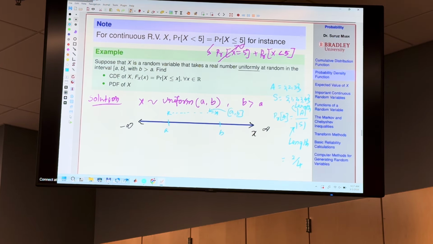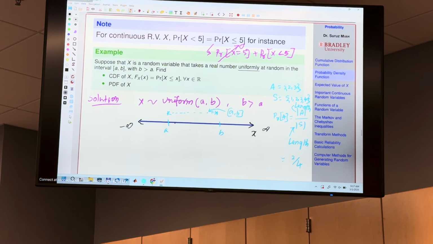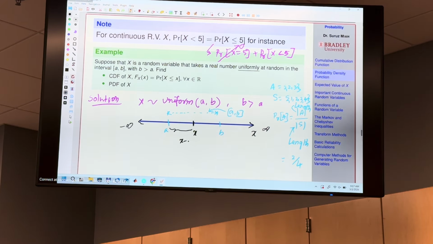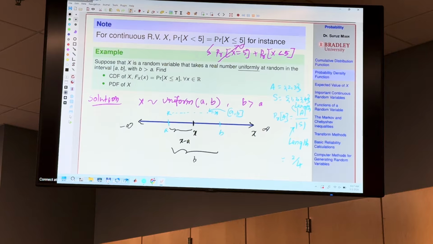So here I want to find the probability of random variable x taking value between a and b. The length of this part is b minus a.